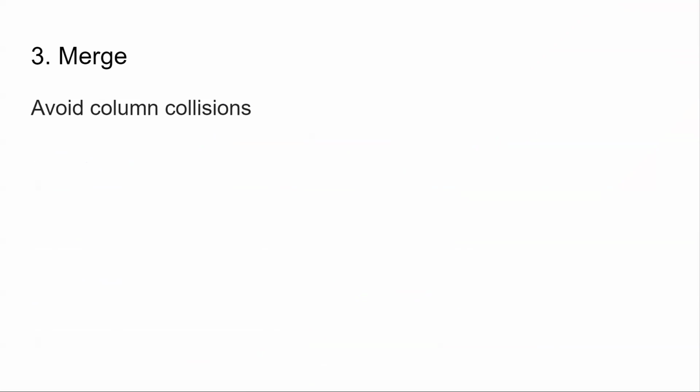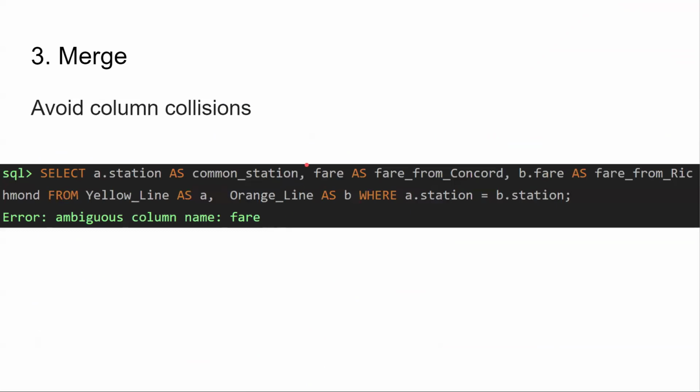What are column collisions? Here, I'm having fare from Concord and fare from Richmond. I already did the reference for the fare from Richmond, so this will be fine. But for fare from Concord, when I'm doing this, I'm having an error because of an ambiguous column name. I'm having two columns, each from a different table, and the names of the columns are the same.